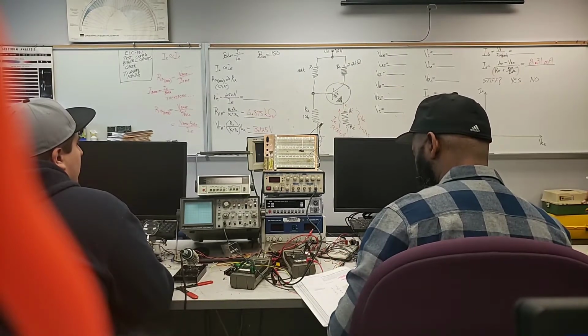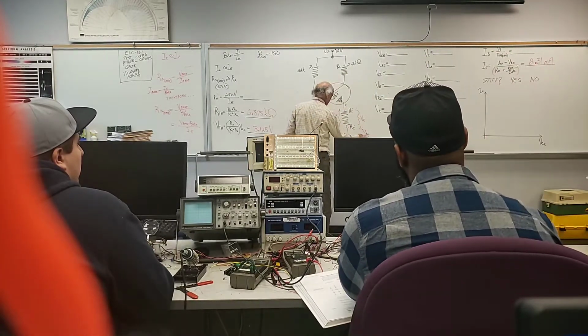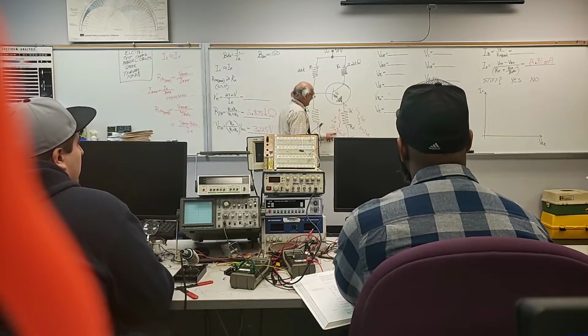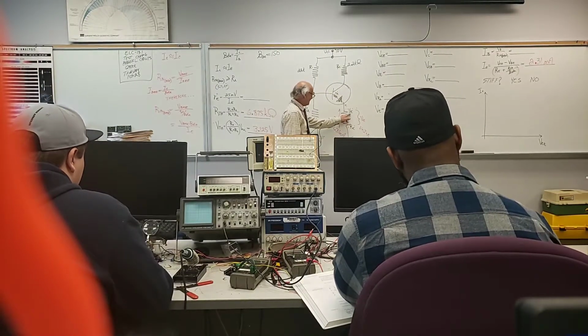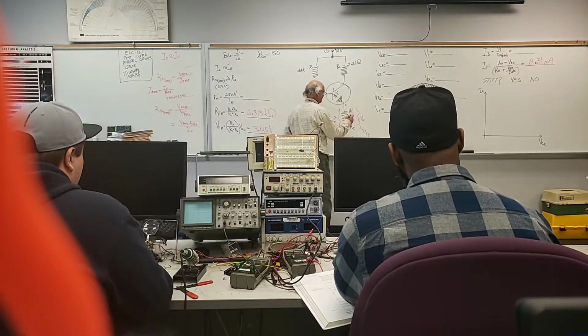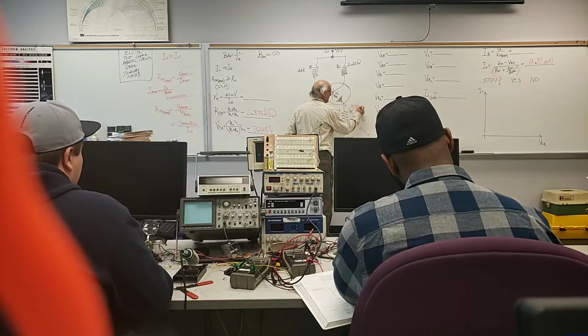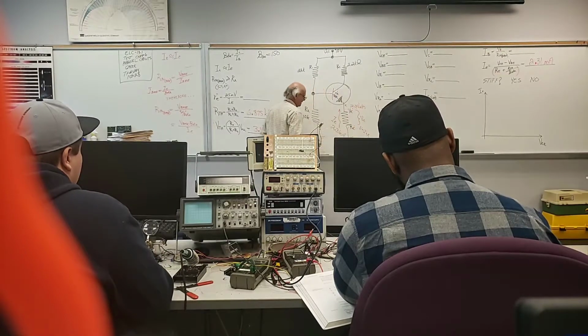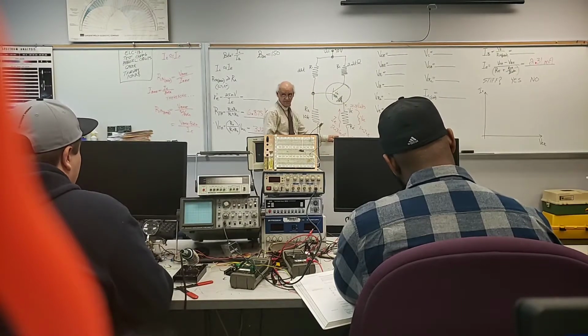So what is the voltage at the emitter? Voltage is current times resistance. So 2.31 milliamps times 1,000. I know that's going to be 2.31 volts, because when I multiply a number times 1,000, it cancels out the milli.